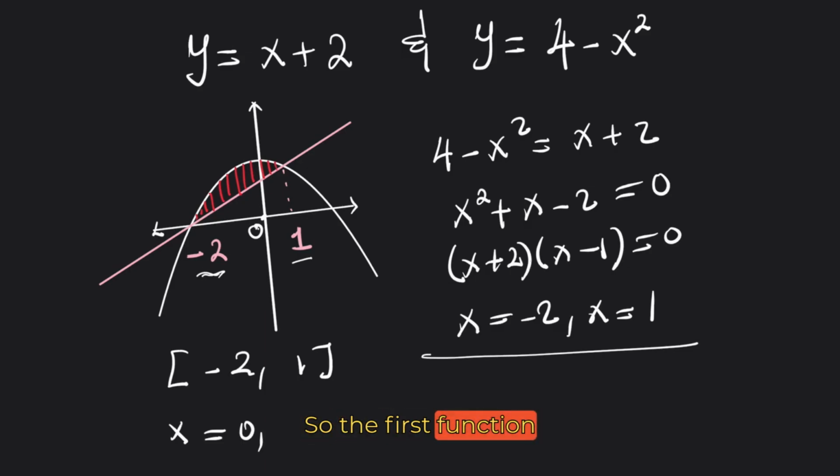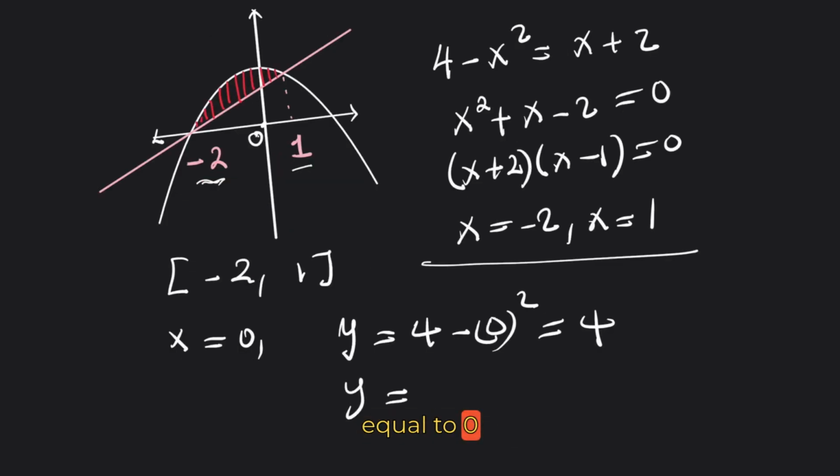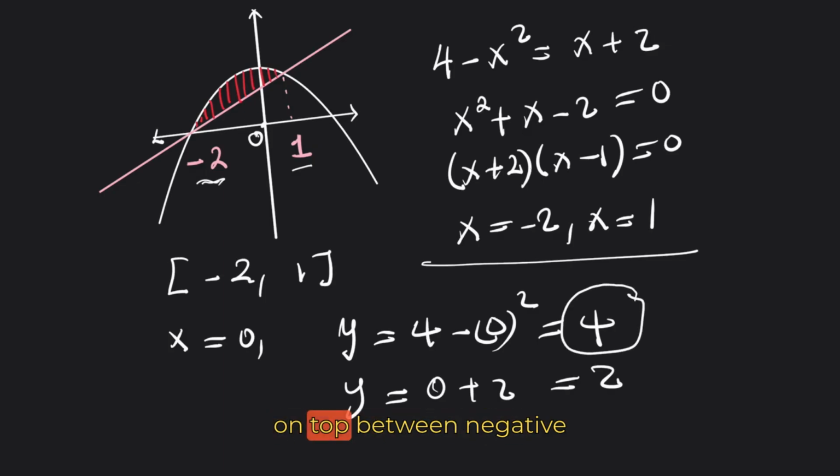So the first function is y is equal to 4 minus 0 squared, which is equal to 4. For the second function, you have y is equal to 0 plus 2, which is equal to 2. So because the first one gives a larger number, 4, it is on top between negative 2 and 1.